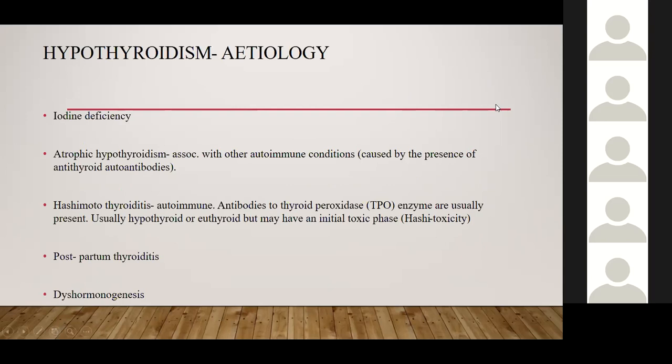So in terms of etiology, as in what will lead to this hypothyroidism, kindly go back to your physiology and revise how thyroid hormones are made. Iodine plays an essential factor, and that's why when we're young, we always say eat iodinated salt. If you don't eat iodinated salt, you develop goiter.